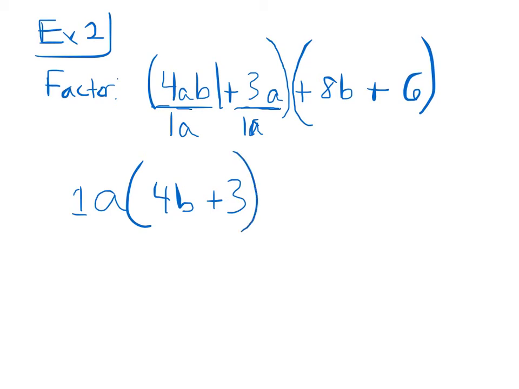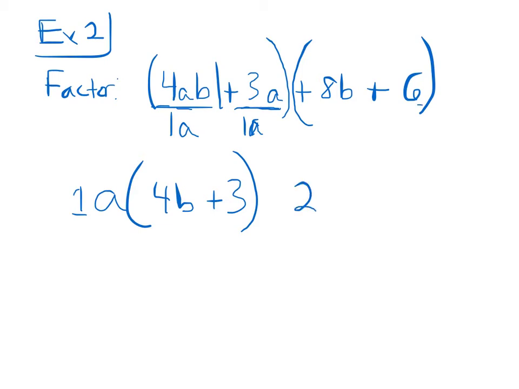Okay. Now, let's factor out something of this. So let's look at my numbers. An 8 and a 6. What would be the GCF of an 8 and a 6? And the answer would be, let's see, 2 I think would be the GCF. And then do they have any variables that we could factor out?